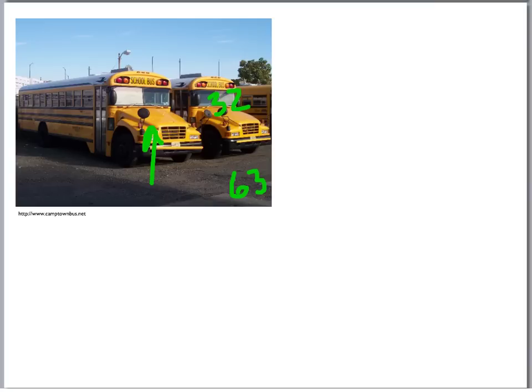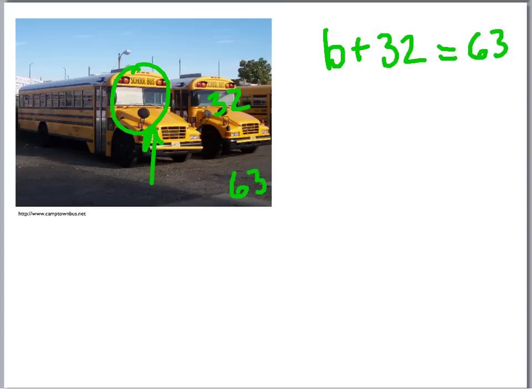And we're going to use a variable. So let's just go ahead and set this equation up. Something equals 63. So we have to set it up where what's on the left side over here equals 63. Well, we don't know the number of students on this bus here. Let's go ahead and call that B. So B plus 32 equals 63.